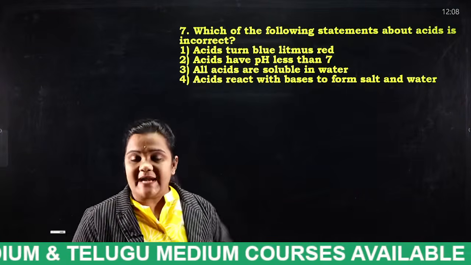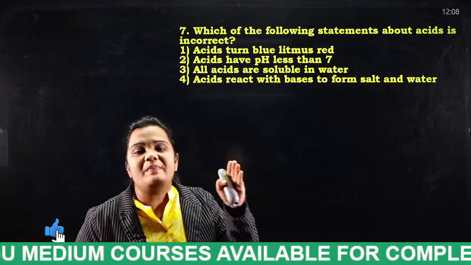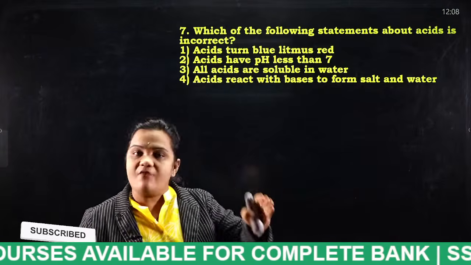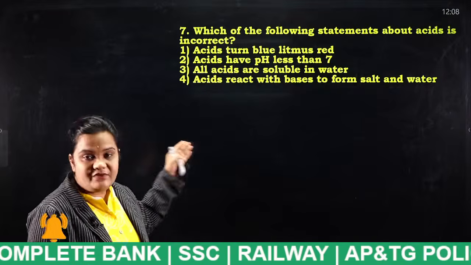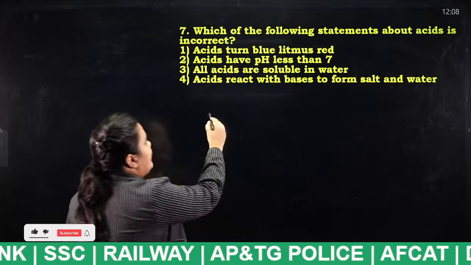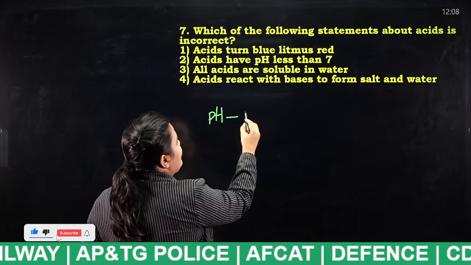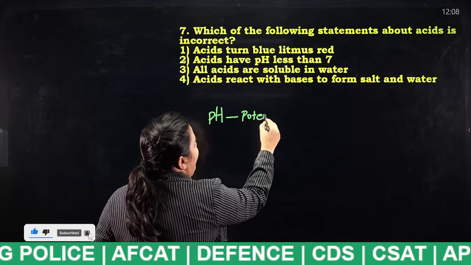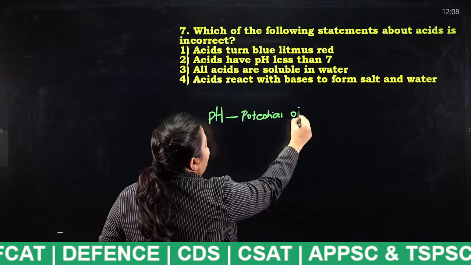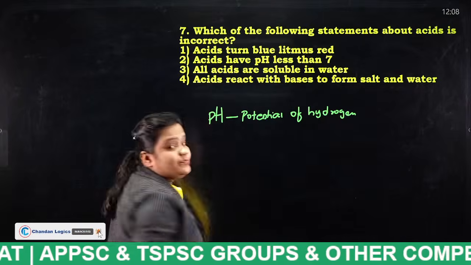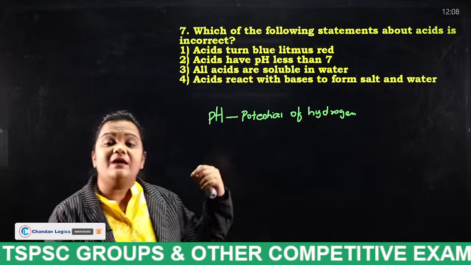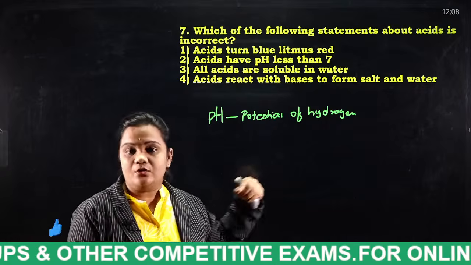So, before starting that, what is the full form of pH actually? Potential of hydrogen. Okay, each and everything I am discussing is very, very important. What is the full form of this pH? Potential of hydrogen. Even on this pH value, I have discussed the problems related to this.